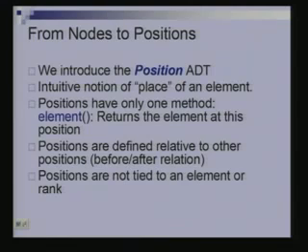We are going to do this using a notion of positions. Position is an abstract data type which intuitively captures the place where a certain element is stored in your data structure. There is only one method associated with this position, and that is the method element.